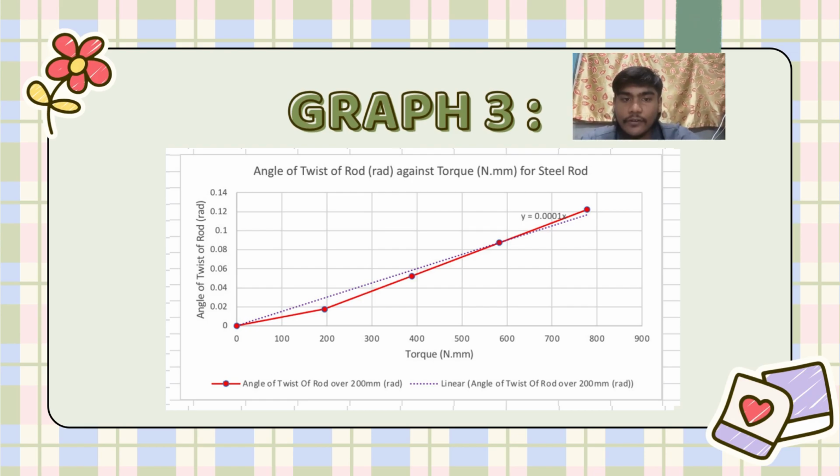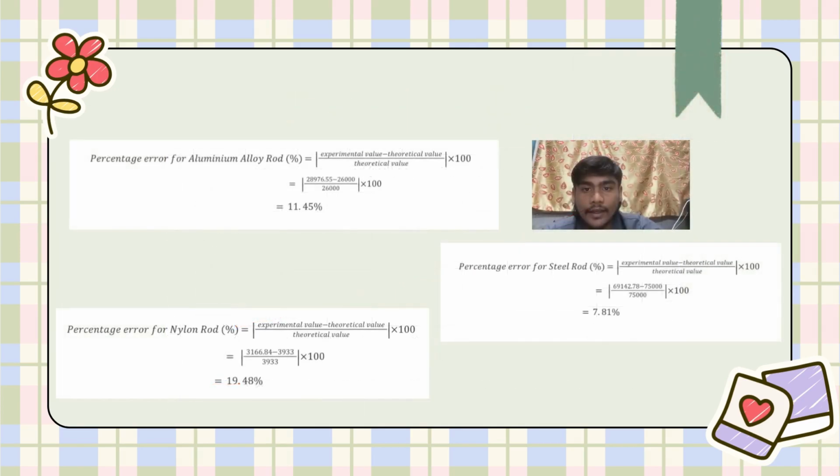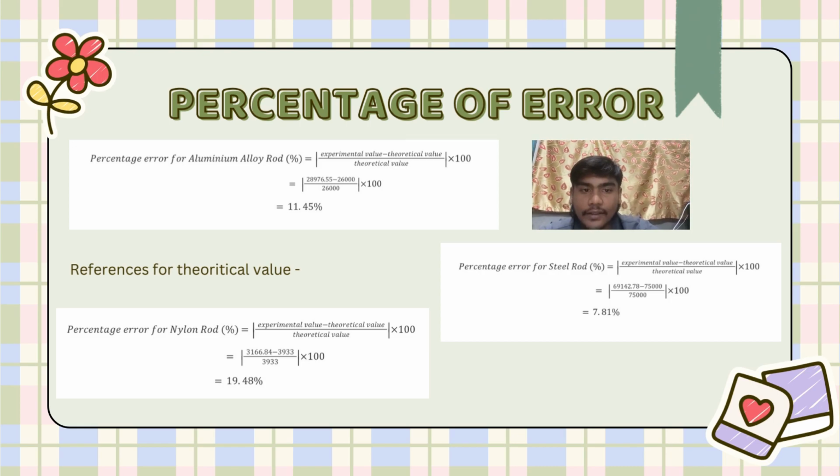Graph 3 is a graph of the angle of twist rod against torque for the steel rod. In this graph, we can see that angle of twist rod over 200 millimeter is increasing, and for the 250 millimeter, I don't put it here because the line of the graph is the same, so we cannot see the difference of the line.